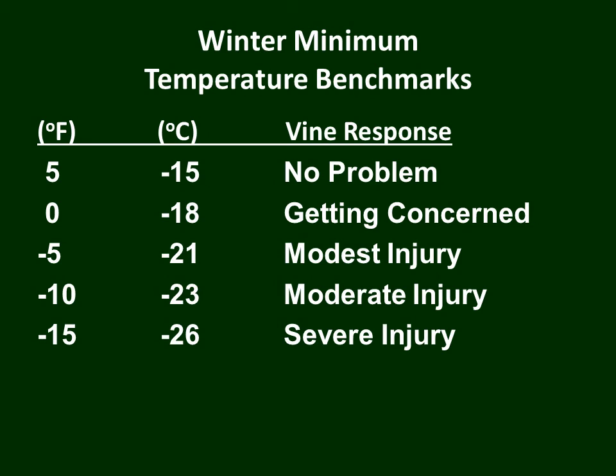Then, as we continue to go lower and lower, we start to get modest injury, moderate injury, severe injury. Of course I'm generalizing because it really depends a lot on the varieties you're growing and how hardy they are, so we're generalizing across all the varieties we grow. But if we have a winter that starts having minus 10 to minus 15 Fahrenheit or minus 23 to minus 26 Celsius, we're concerned. We're very concerned.